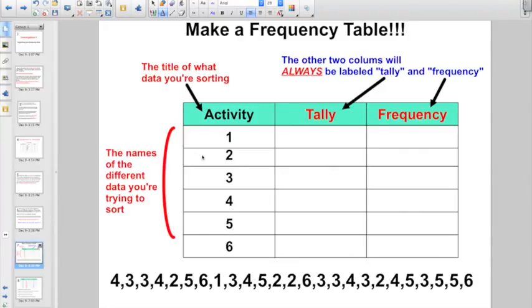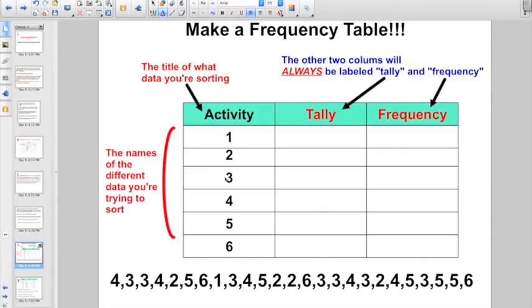It's going to be a rectangle. There's always going to be 3 columns in it. The first heading on the left-hand side is the title of whatever data you're sorting. In this case, we're figuring out the activities. The other 2 columns will always be labeled tally, and the last one is always going to be labeled frequency.